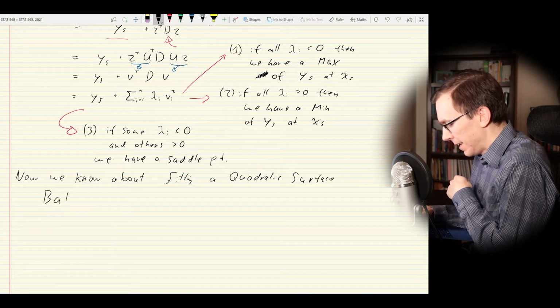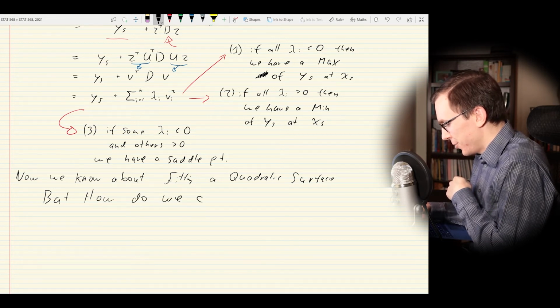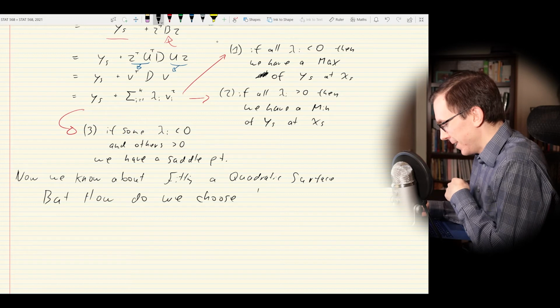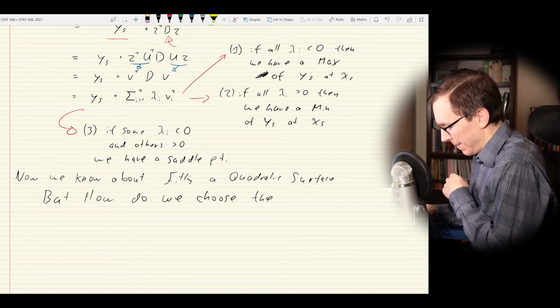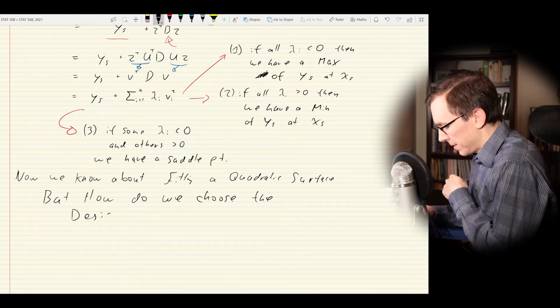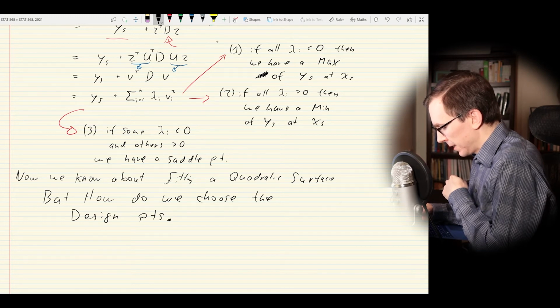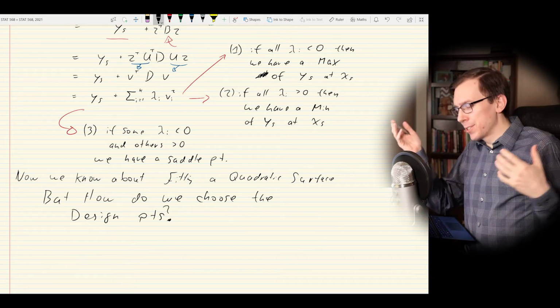But how do we choose the data points? I shouldn't say data points, the design points. Right, how do we choose the design points?